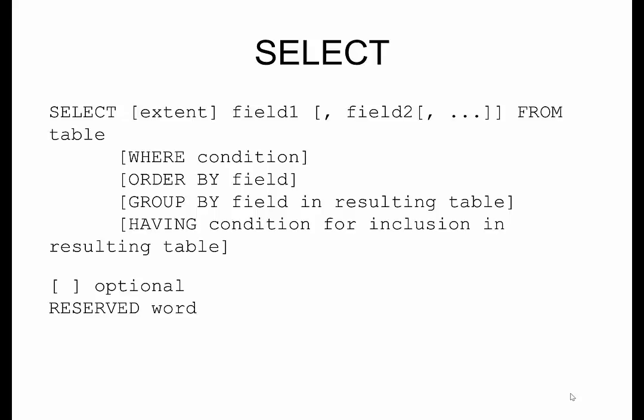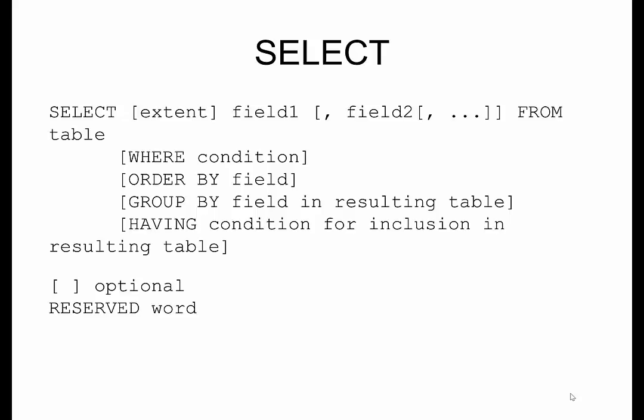Order by, sorting. Group by is to do with grouping records by common values to summarize information. Having will subset the results of a group by. Anyway, we'll get into all these in due course. But this is the general style syntax of the select statement.